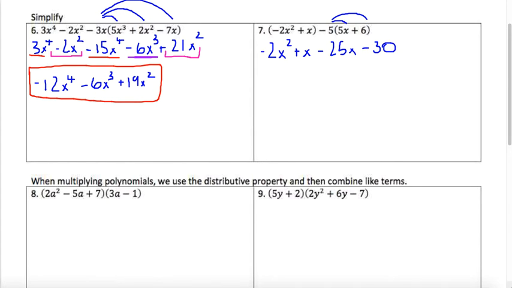And then to combine like terms, there are no other x squared terms. So we have just negative 2x squared. X minus 25x becomes minus 24x and minus 30.